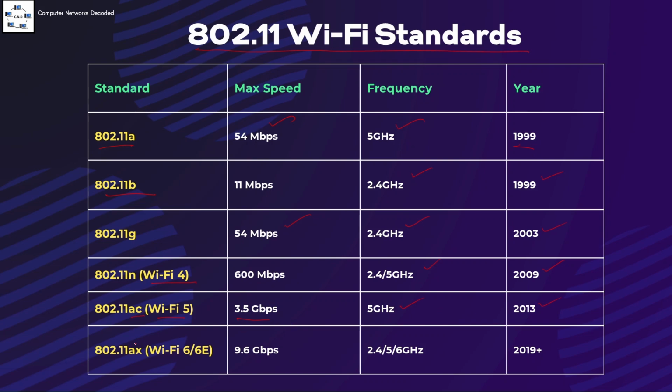And the latest and newest is 802.11ax, which is also known as Wi-Fi 6 and 6E, and it has a maximum speed of 9.6 gigabit per second, and it uses 3 frequency bands, 2.4, 5, and 6 gigahertz, and it is used from 2019 onward.